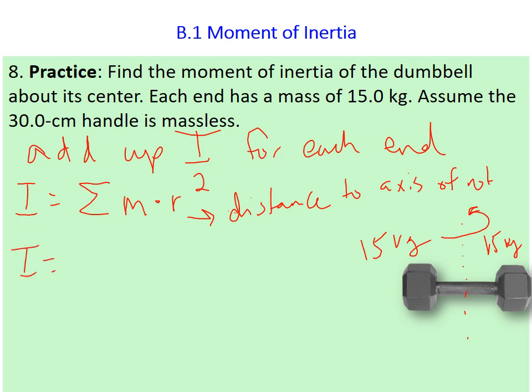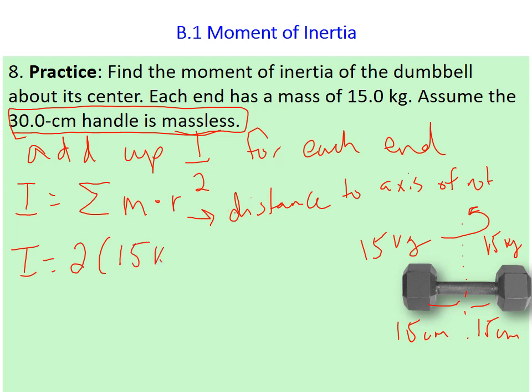Okay, so we will do that. I equals, in this case, they're both equal and they're both spaced 15 centimeters from the axis of rotation, because the massless handle, for our convenience, is 30 centimeters long. So we will do 2 times their masses, 15 kilograms, times 0.15, which I've converted to meters by dividing by 100, meters squared.